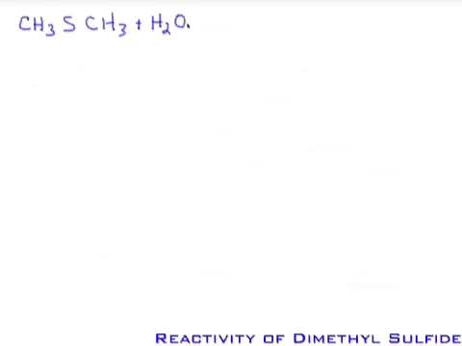So if we use peroxide and we do it in acid, at 25 degrees C, we can produce a molecule called dimethyl sulfoxide.